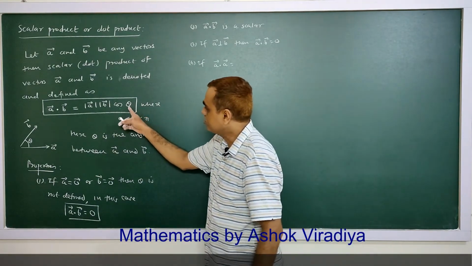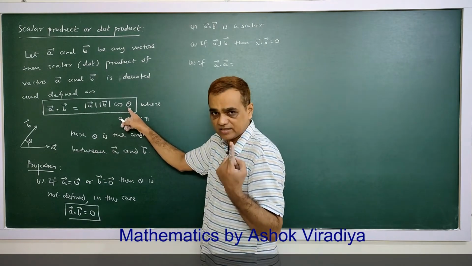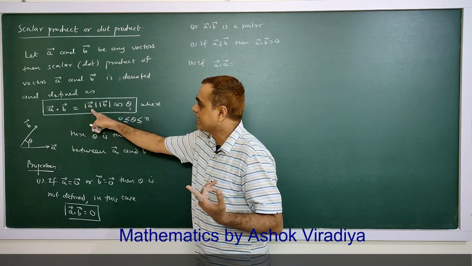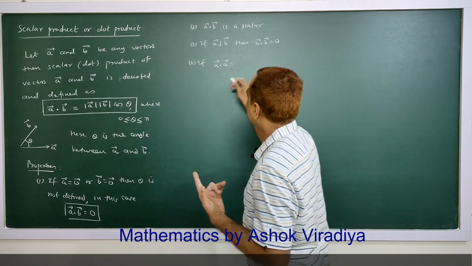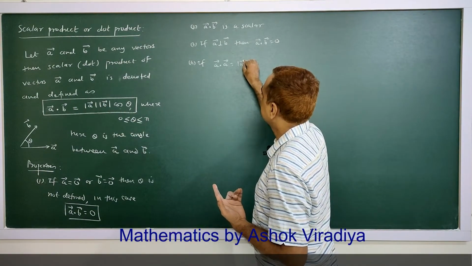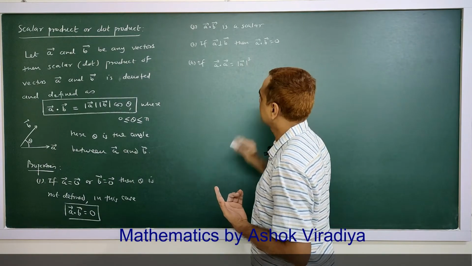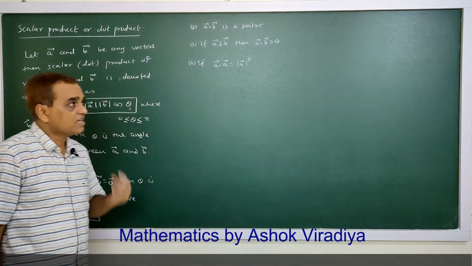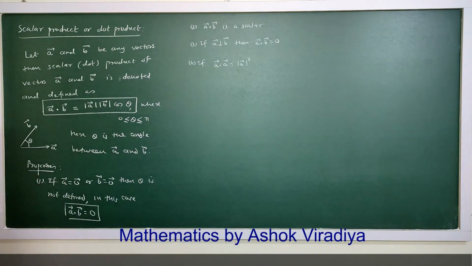Putting 0 here, cos 0 is 1, so it will be magnitude A into magnitude A, that is magnitude A squared. The dot product of any vector with itself is the square of its magnitude.